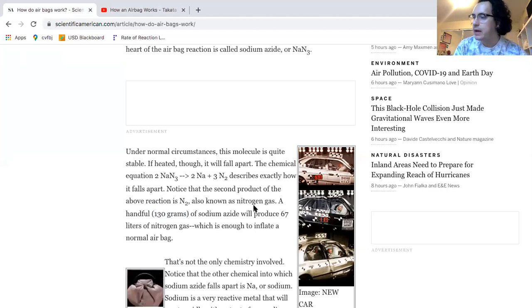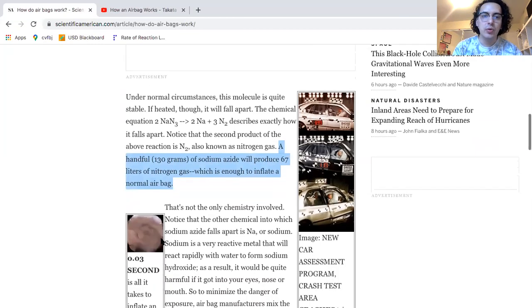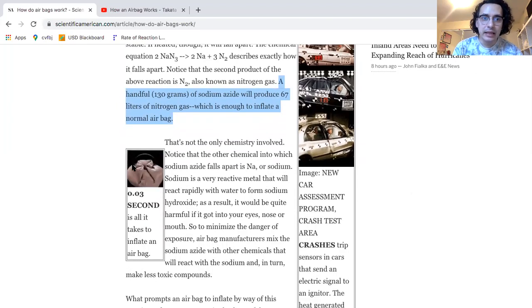But for now, I want to show you how exactly they knew 130 grams of sodium azide will produce 67 liters of nitrogen gas, which is enough to inflate a normal airbag. It is very important that they inflate exactly to the amount that will fill the bag.